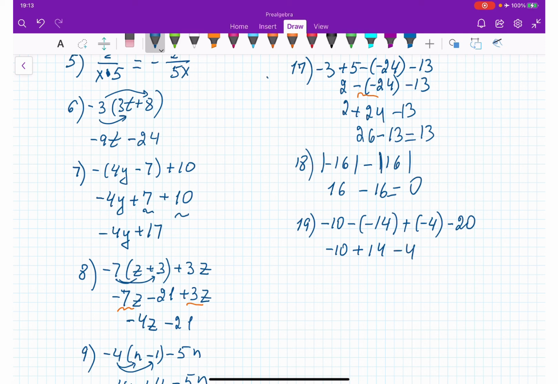I dropped this plus sign, just might as well -4, and minus 20. Okay, since we have all plus and minuses, so just add and subtract one after another. So -10 plus 14 is +4. 4 minus 4 is 0. The answer is -20.